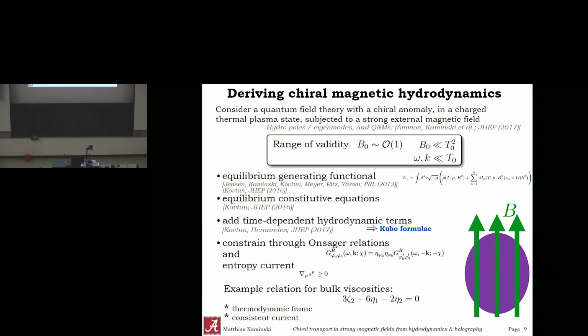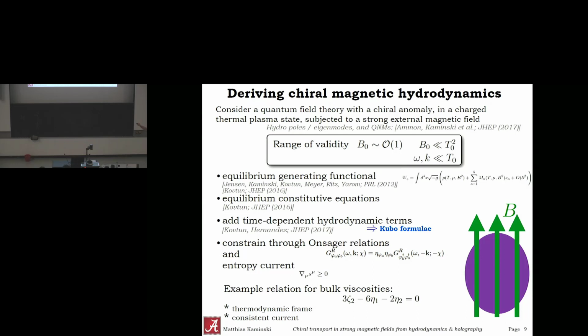So I shifted this over here, and now just look at also adding time-dependent hydrodynamics. So far, notice that this was just equilibrium. So I'm going to now add the non-equilibrium contributions, very much in the same sense as Mukund Rangamani has done, and many other people. Most recently, I suppose, Pavel Kovtun and Juan Hernandez in this paper, add the non-equilibrium contributions, such as conductivities, shear viscosities, and so on.